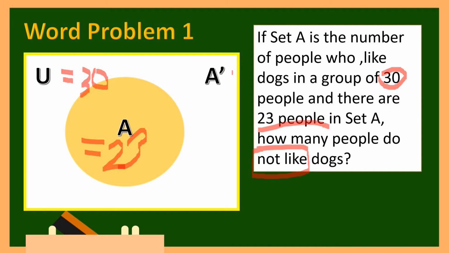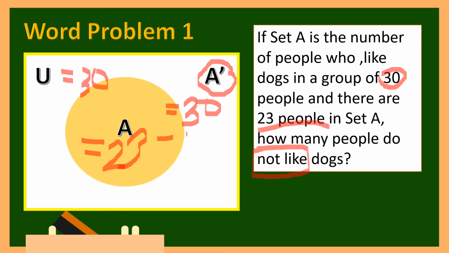Since ang hinahanap natin again is ilan daw yung ayaw sa dog. Kung 30 people yung universal natin or yung total number of elements at 23 yung may gusto ng dog, simply, paano natin makukuha si A' or A complement? So, napakasimple lang. Which means, isusubtract lang natin ngayon si 30 saan?